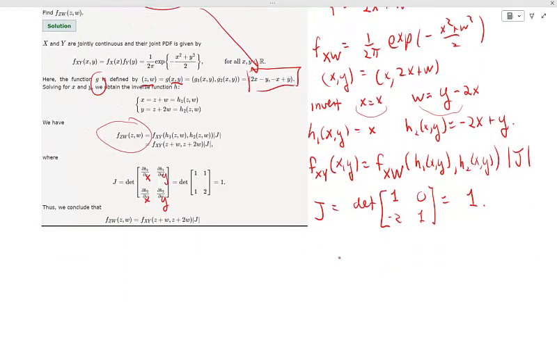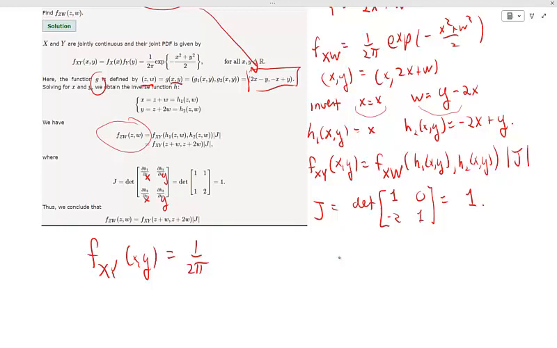So what do we get in the end? f_XY of x and y is equal to, now I have to plug these things in here. f_XW, well, f_XW was this. It was 1 over 2 pi. So it's 1 over 2 pi times the exponential.